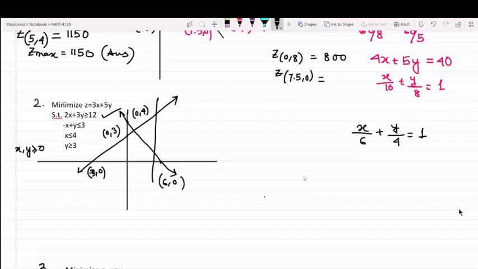This is the line x equal to 4. I'm sorry, this is the line x equal to 4 and y equal to 3 would be this line. Am I right?